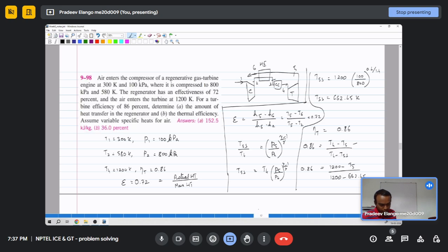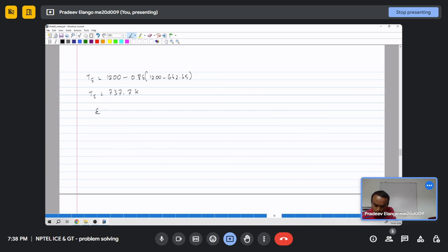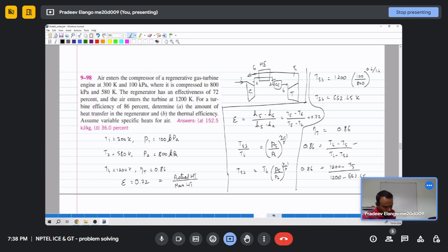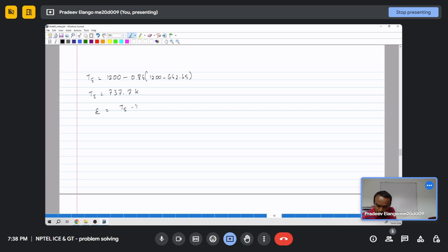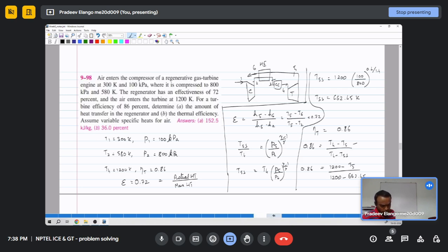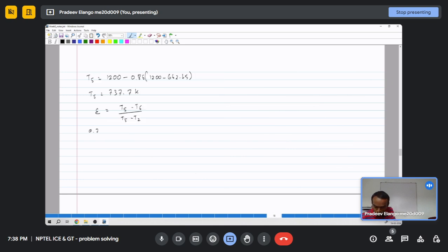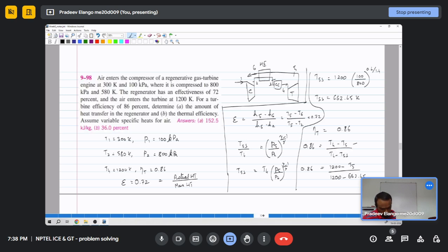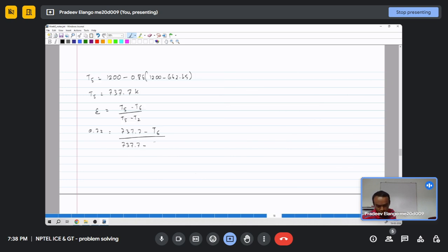So now we have the effectiveness. Effectiveness is T5 minus T6 by T5 minus T2. Here only T6 is unknown, and effectiveness is 0.72. So 0.72 is 737.7 minus T6 divided by 737.7 minus T2, which is given as 580 Kelvin.